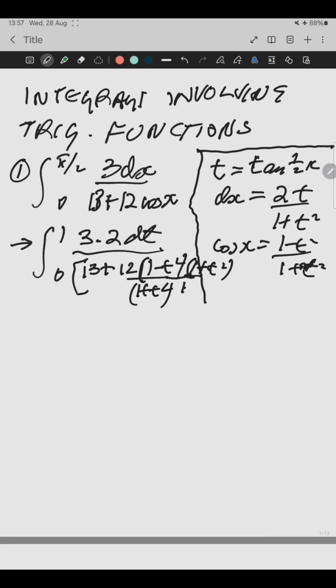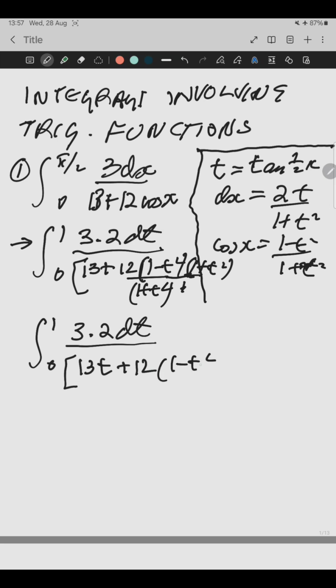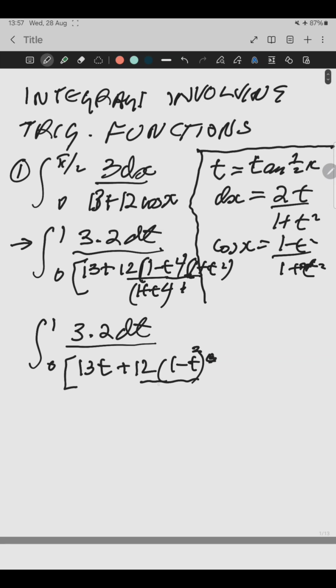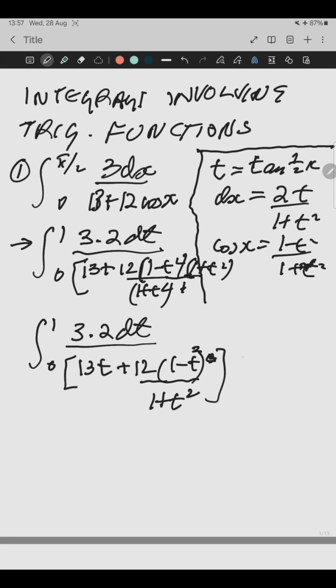Sorry about the bit of mess over there. I hope you can see that. I'll write it out again. The integral from 0 to 1 of 3 times 2 dt over 13 plus 12 times 1 minus t squared over 1 plus t squared, all multiplied by 1 plus t squared.